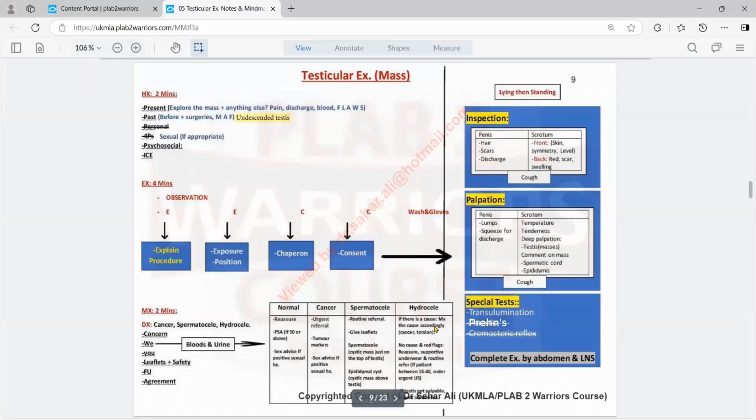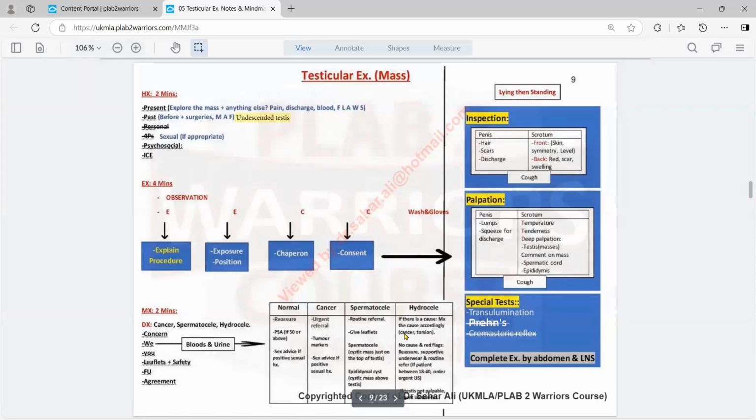All right, hydrocele: you just try to find why the patient has hydrocele. If the patient has cancer symptoms, it could be the cause of hydrocele. Testicular torsion, which is rare, the patient will present with sudden pain.